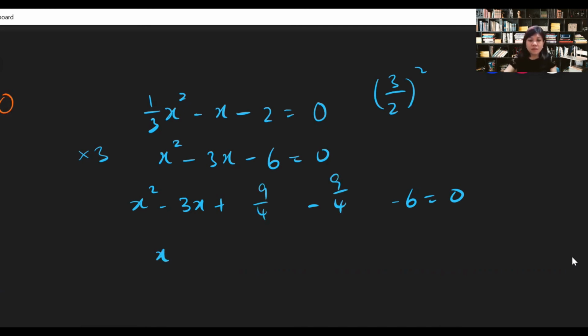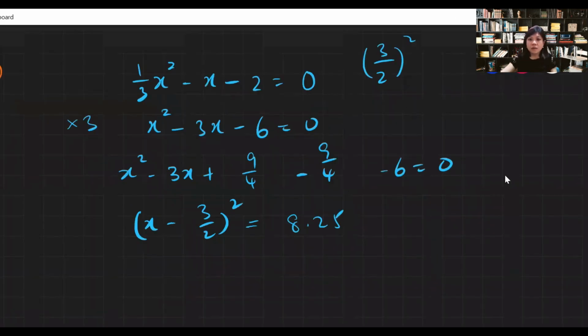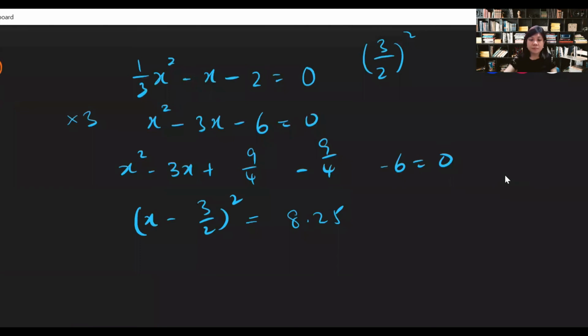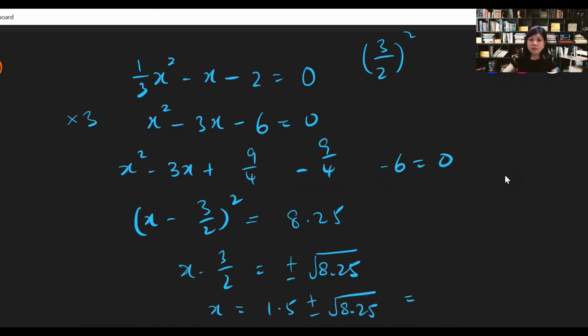Then you take the first and third terms, square them, and calculate what is behind. You're going to have 8.25, and then move over the square root and move the 3 over 2 over to this side. Using the calculator, you have this as your answer.